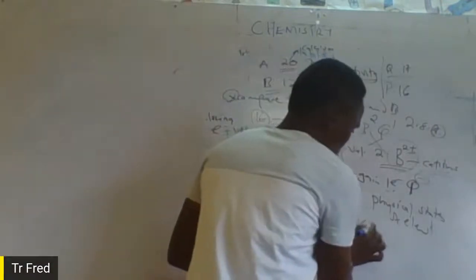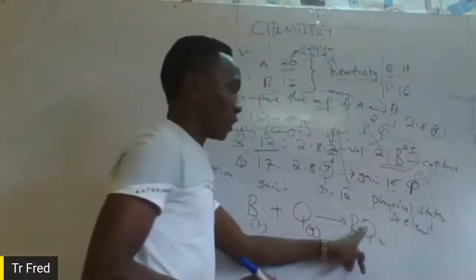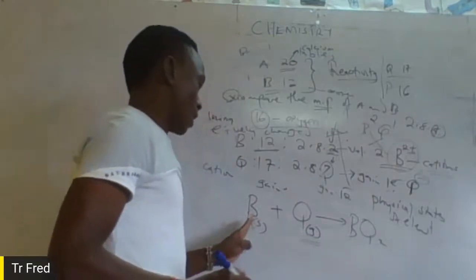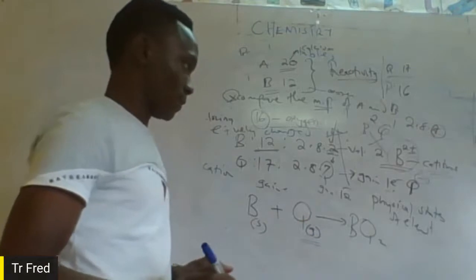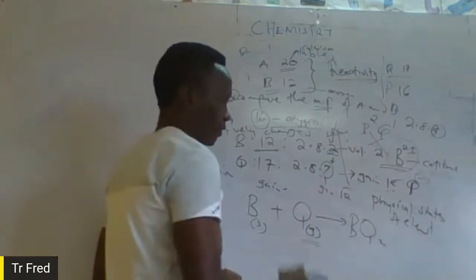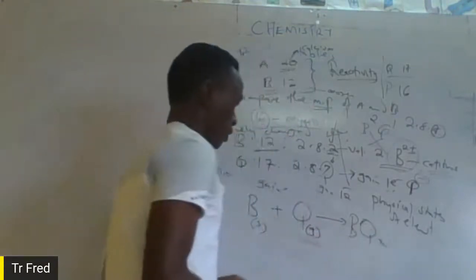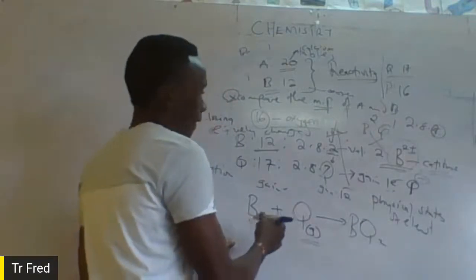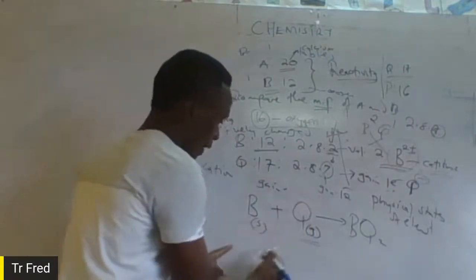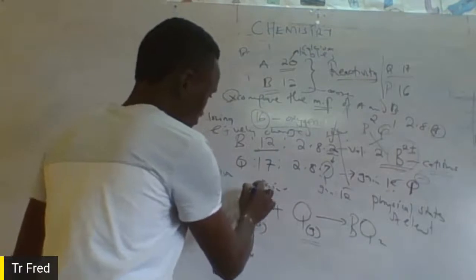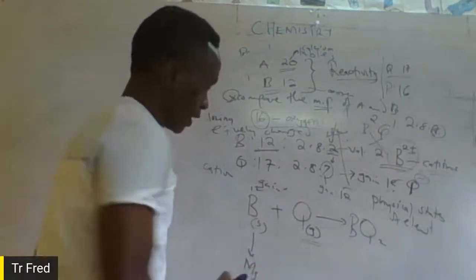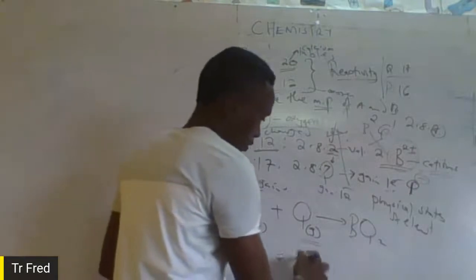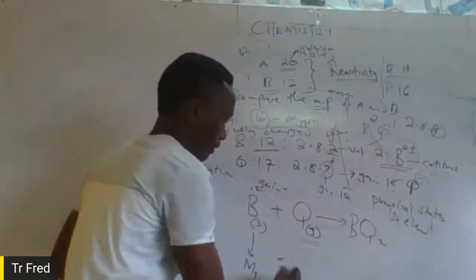Now, what about the physical state of the compound which is formed after the reaction of B and Q? What is the physical state of the product formed between B and Q? Now, from the back of your mind, you know that B is in group 2, and that means that this one is magnesium, even though you should not write it here, and Q is chlorine, which is in group number 17.